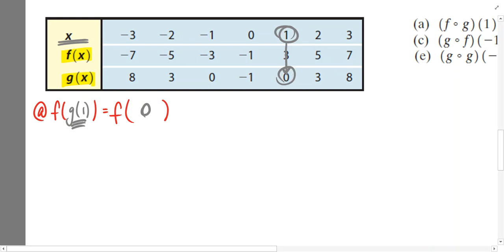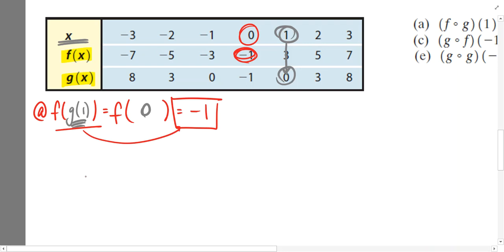And since we have this result 0, now I can evaluate this function f at 0. And now when I look for the function result for f at 0, I get an end result of -1. So f composed with g at 1 ends up equaling -1.